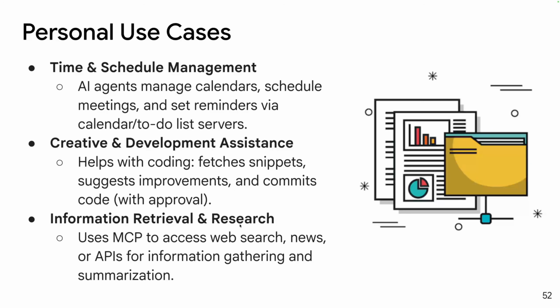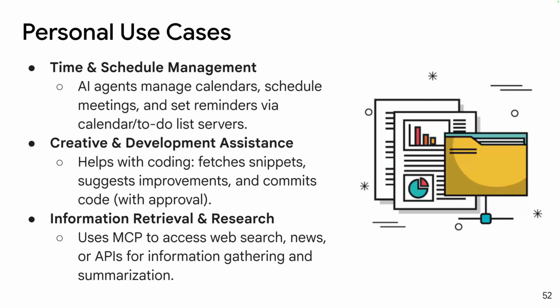Then you can use MCP for information retrieval or research. Some people have developed MCP servers for WhatsApp or Slack, so you can connect your large language model to your Slack or WhatsApp and query them. I'm sure you have many Discord, WhatsApp, or Slack messages that you can connect to the MCP server.